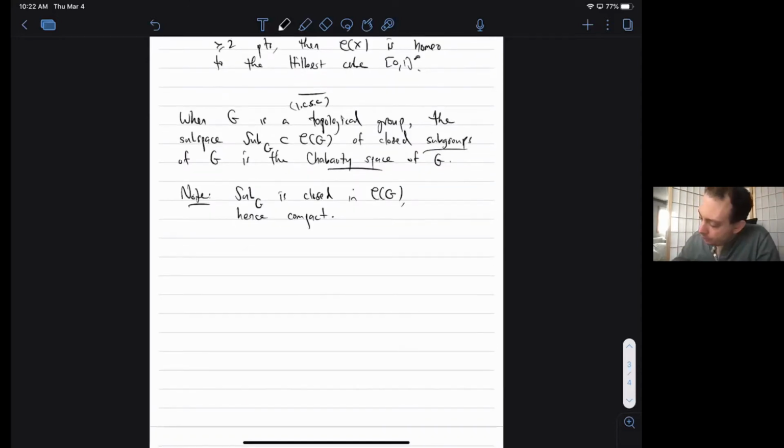Okay, so maybe as a remark here, why am I calling this the Chabauty topology? What did Chabauty have to do with it?